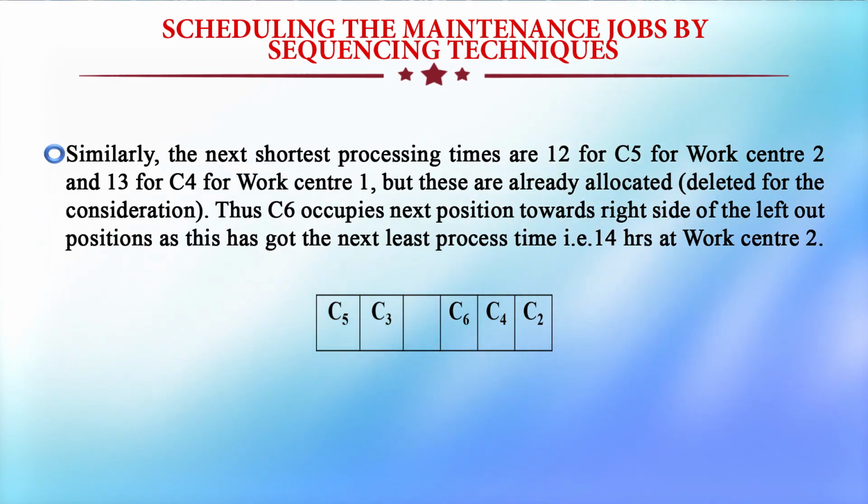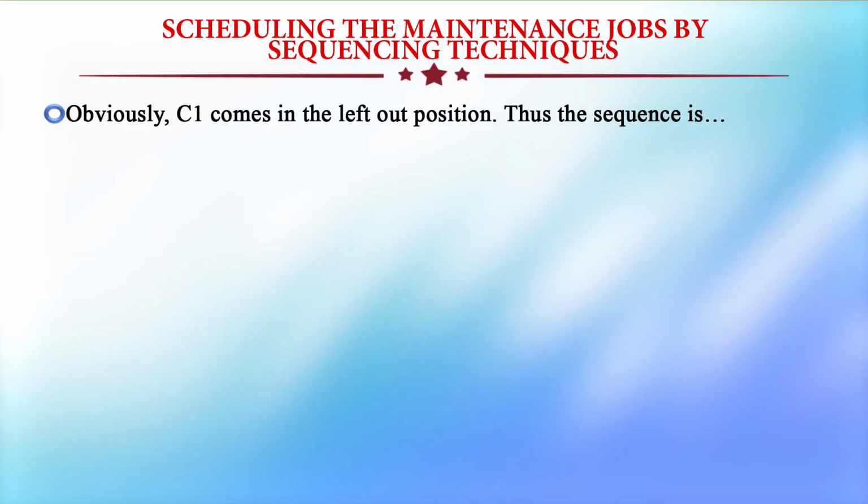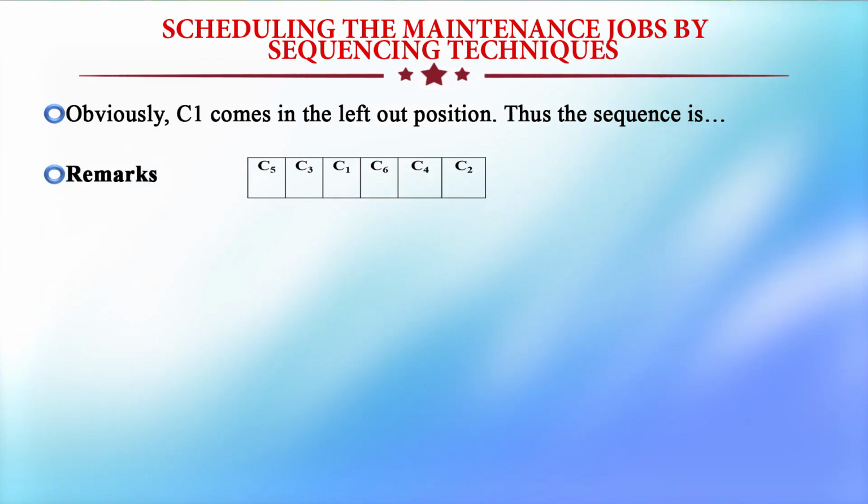Thus C6 occupies the next position towards the right side of the left-out positions, as it has the next least process time, 14 hours at work center 2. Then obviously C1 comes in the left-out position. Thus the sequence is C5, C3, C1, C6, C4 and C2.